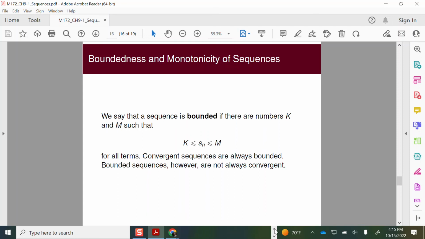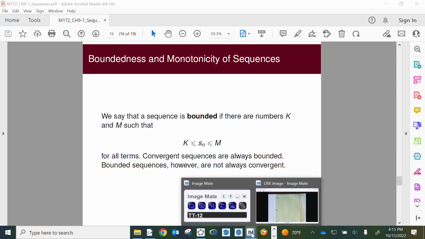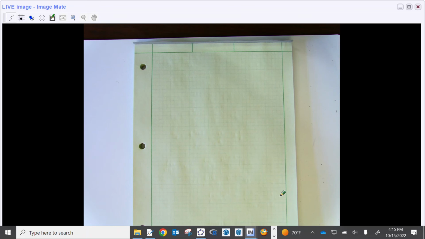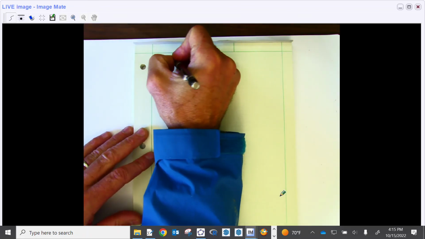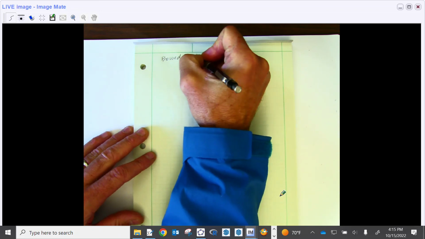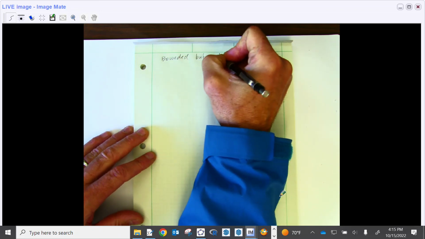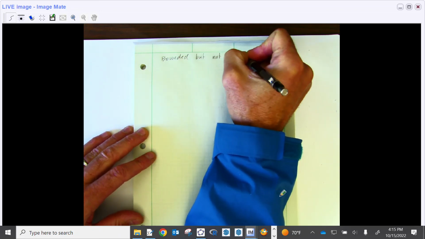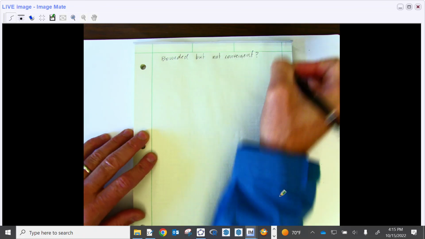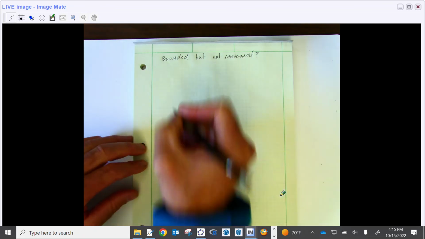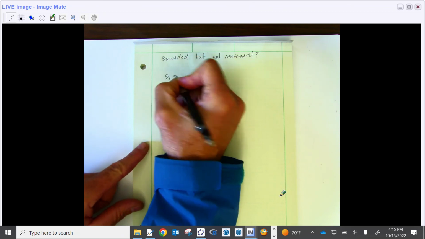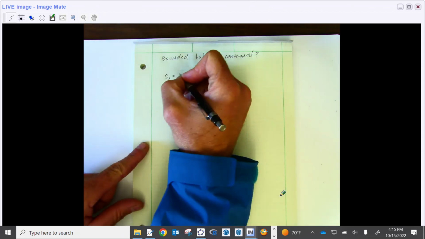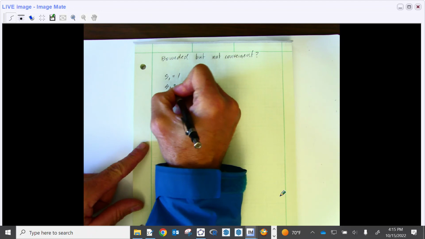So one example of that would be, let me go to my ElmoChem. How could we get something that's bounded but not convergent? You just need to think of something like this.